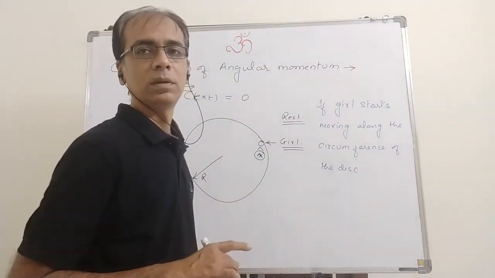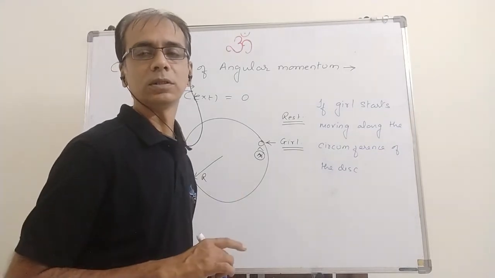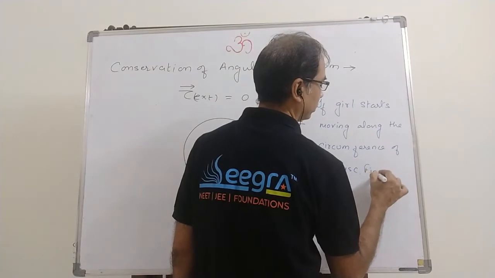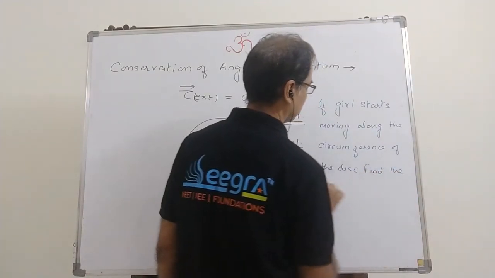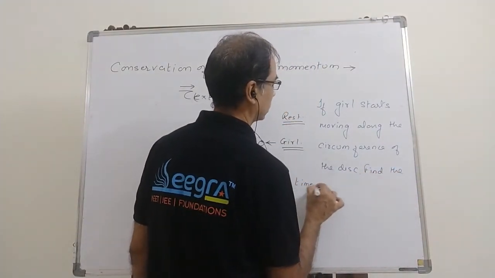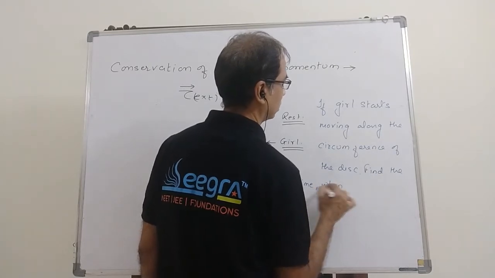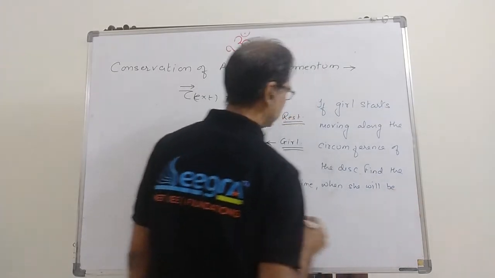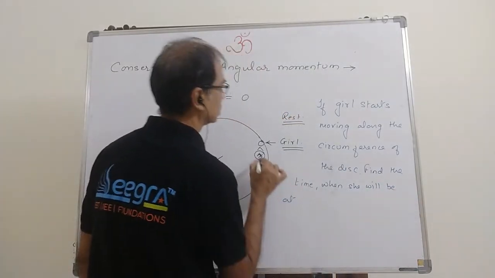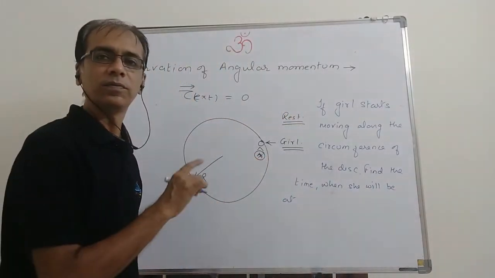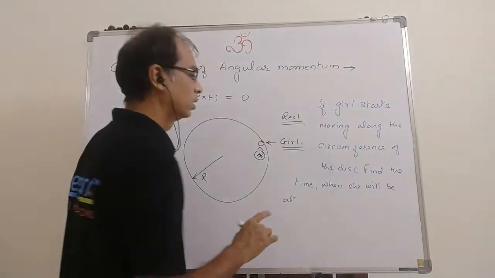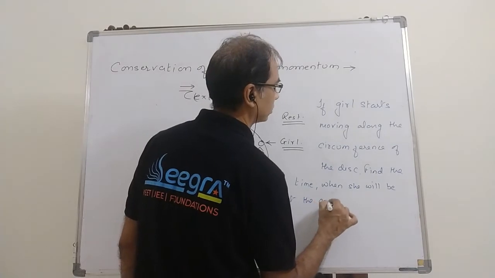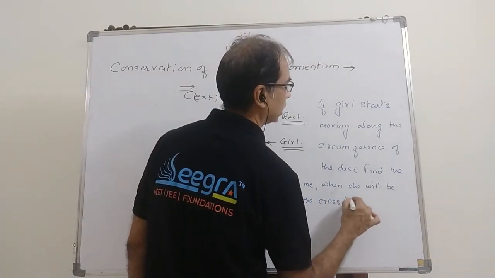On the same spot from where she started the journey. Find the time when she will be at the cross. This cross means the point from where she started the journey, the starting point.